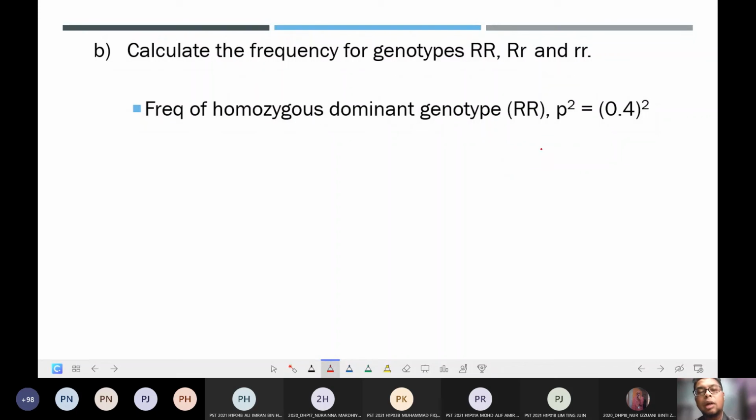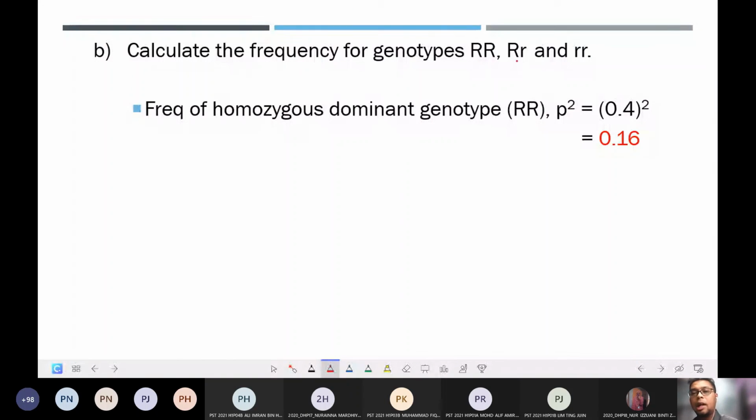Just now you have already got the value of p and you also got the value of q. So kita gunakan dalam soalan B ini. In which we start with this one. The frequency of the homozygous dominant genotype, which is capital R, iaitu p squared sama dengan 0.4 to the power of 2. Kuasa 2 lah. So this is the frequency for the genotype capital R.